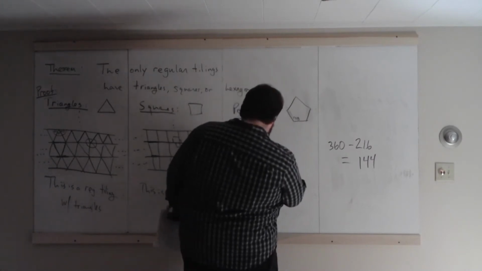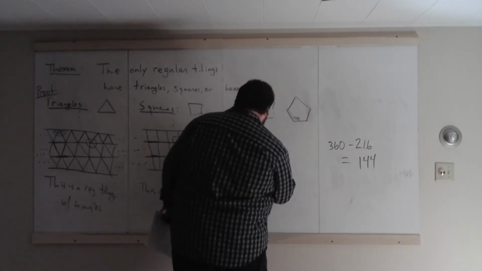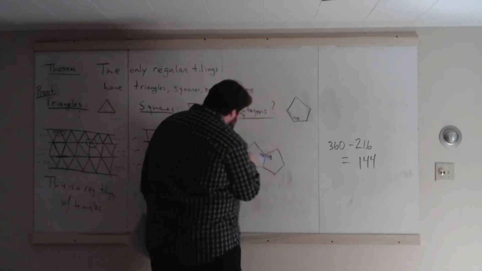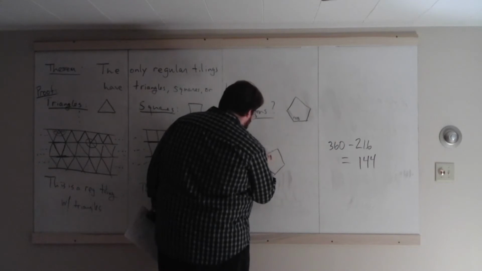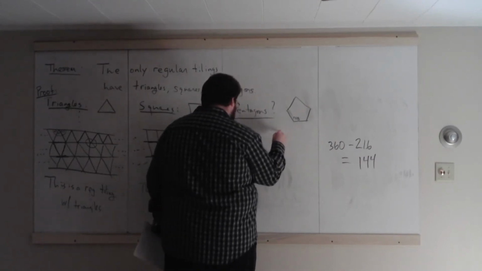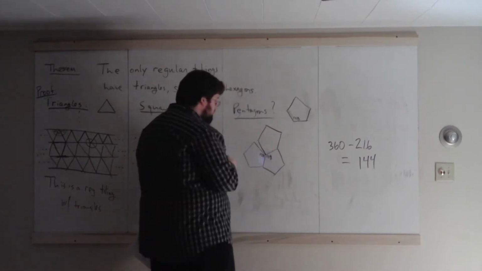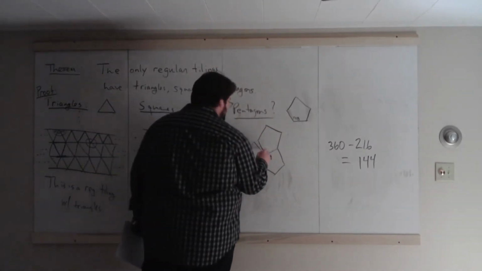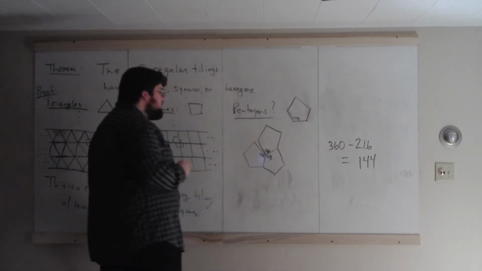How are we going to fit a pentagon in there? If I were a better drawer, this would have been easier. Okay, pretend that's the same pentagon. So right here, we have 3 pentagons.